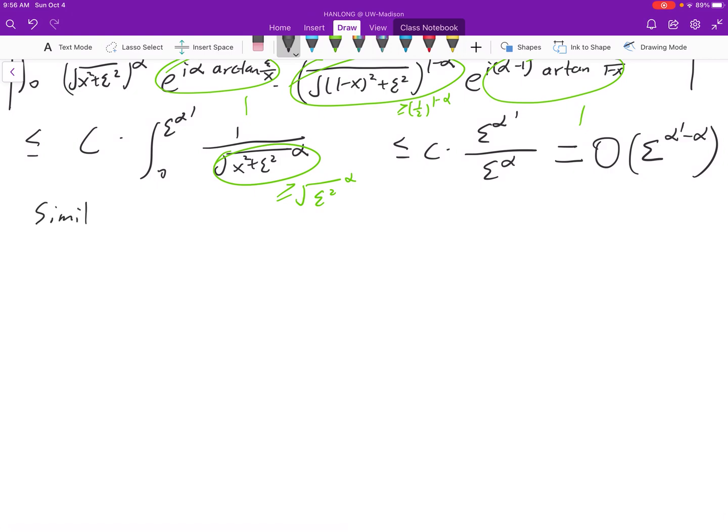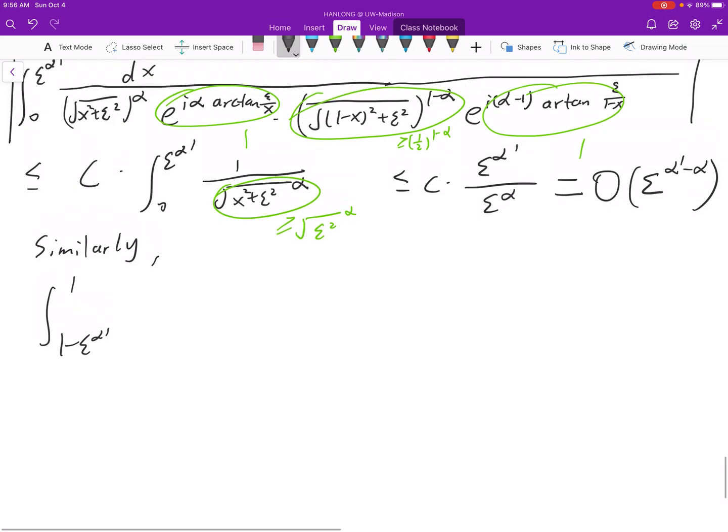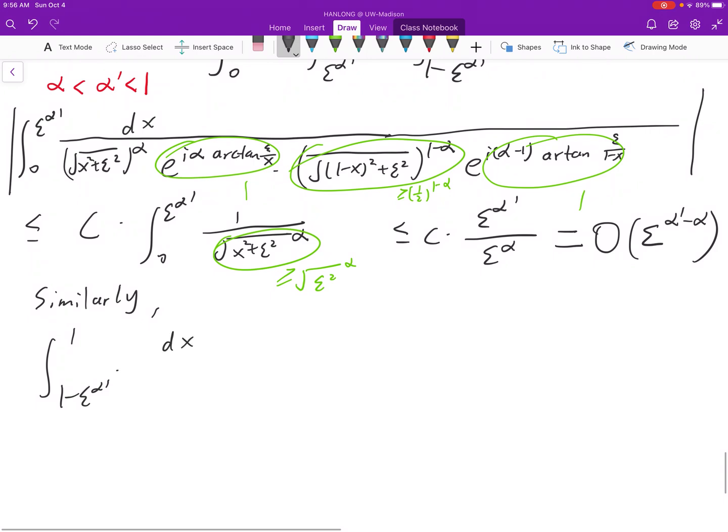Similarly, we can conclude that the third integral is also of the same order.